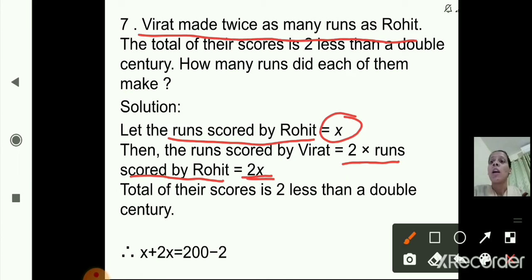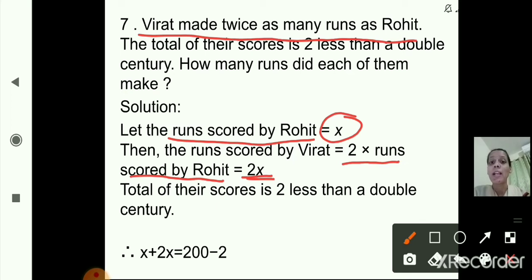Now, the total of their scores is 2 less than a double century. Century means 100, right? Double century means 200. And if the total of their scores is 2 less than a double century, it means 200 minus 2.